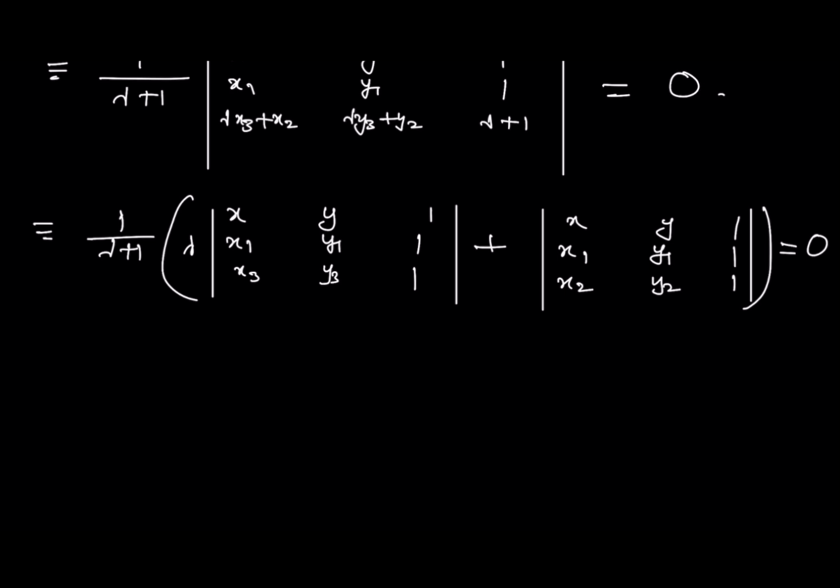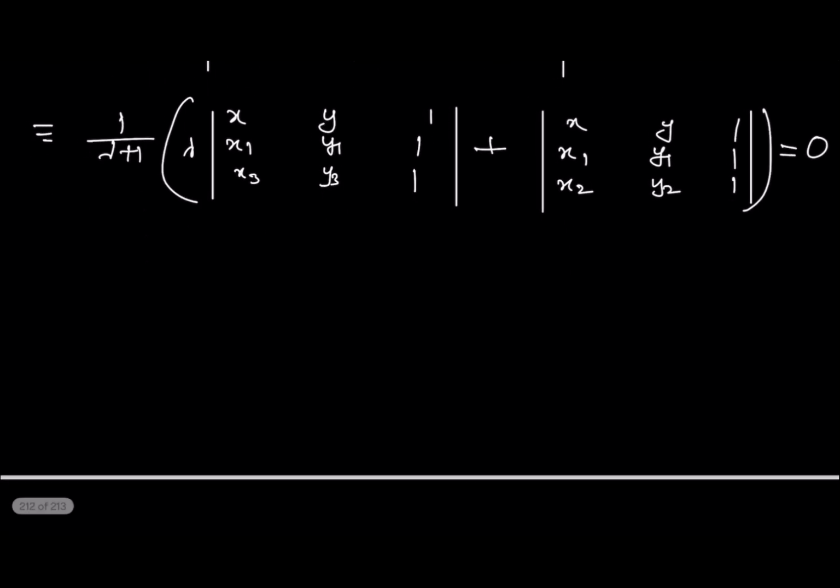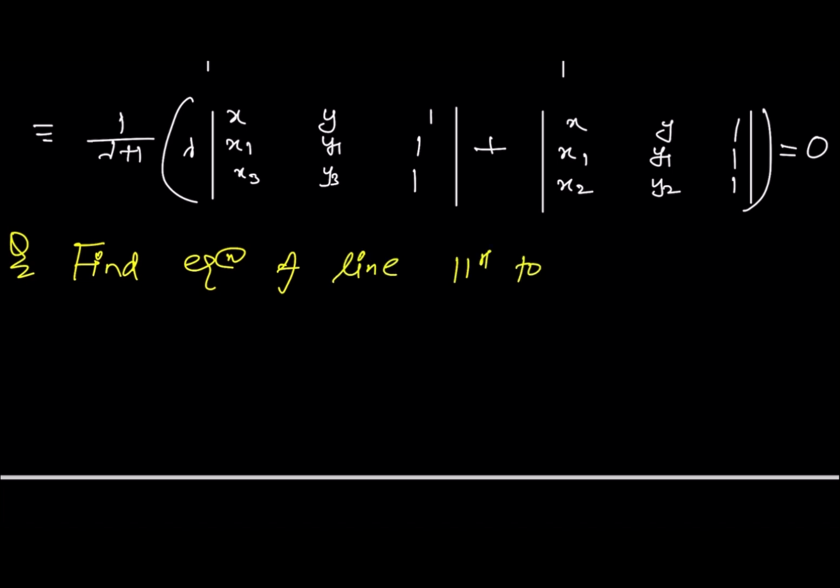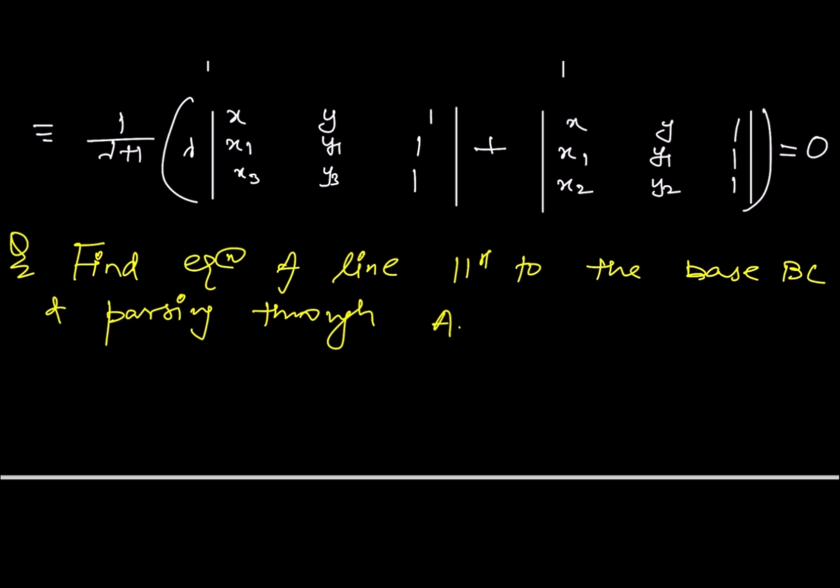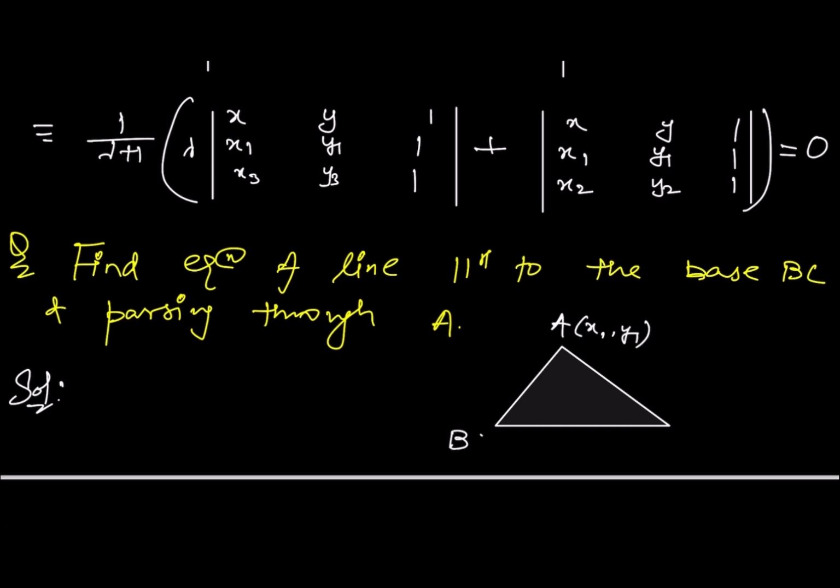Take one more question of this type. Find the equation of the line parallel to the base BC and passing through A. So again it is a triangle A (x1, y1), B (x2, y2), C (x3, y3).